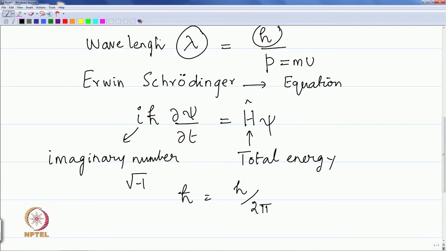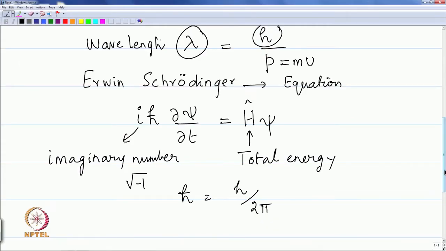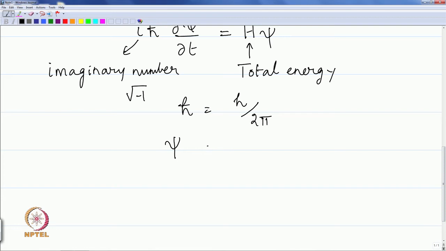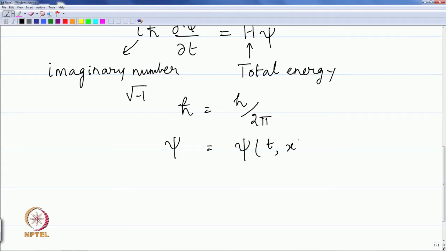Schrodinger proposed this equation as the equation that the matter waves would satisfy, and he proposed the function psi as a property of the system. Since it describes how the system evolves in time, psi itself is a function of time. But in addition to time, it is also a function of the position or the momentum, but not both.